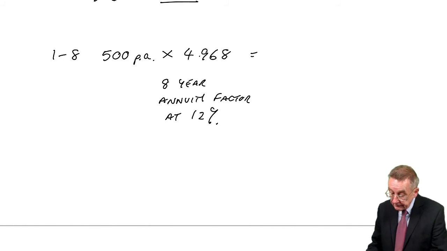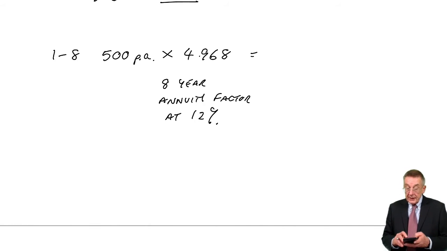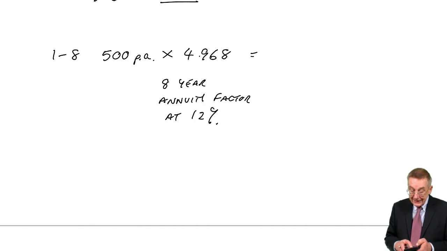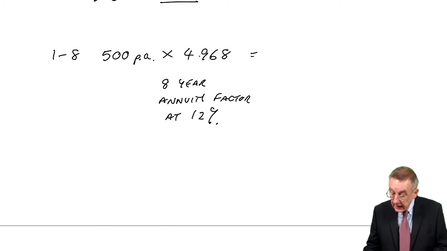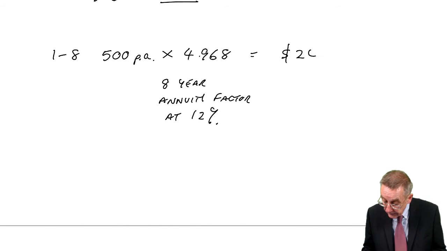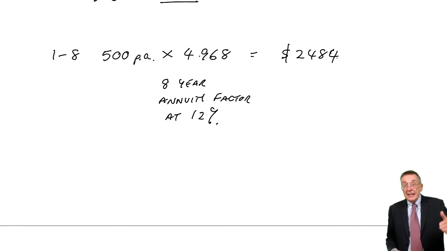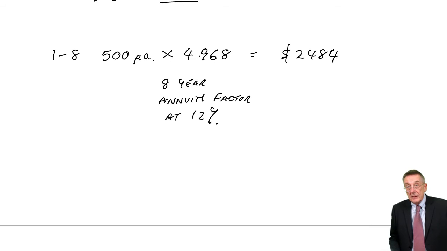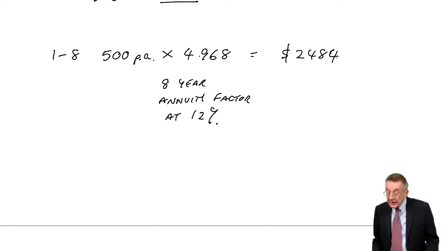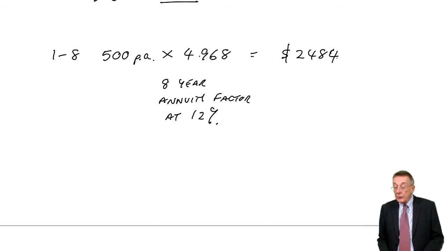And what does it come to? 500 times 4.968 is 2484. So receiving 500 each year for 8 years would be equivalent to getting 2484 now.